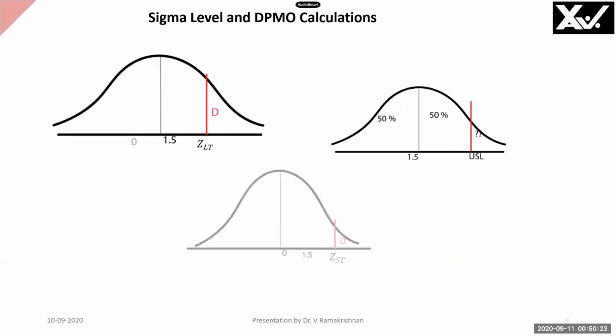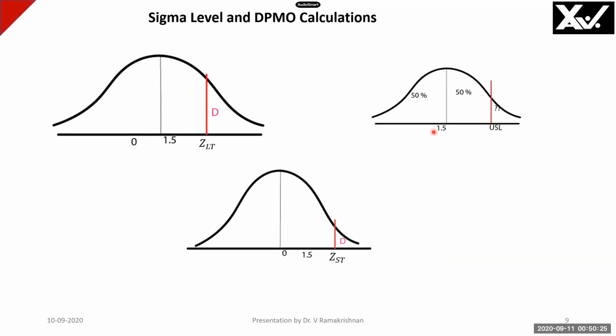Now we will see here. What we do is, we can't refer to the table for this. We can substitute in the formula, but the formula is complicated. Therefore, we take a standard distribution for this. So these two will be proportional. Whatever Z value we have here, the corresponding standard Z value we can calculate here, and the defects will be the same. Whether you calculate by this curve or by this curve, it will be the same.